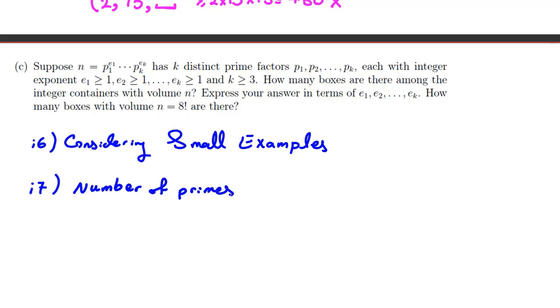Here it says at least 3 primes, so consider 3 primes, then 4 primes, and the powers. When we have 3 primes, for example, what are the powers?